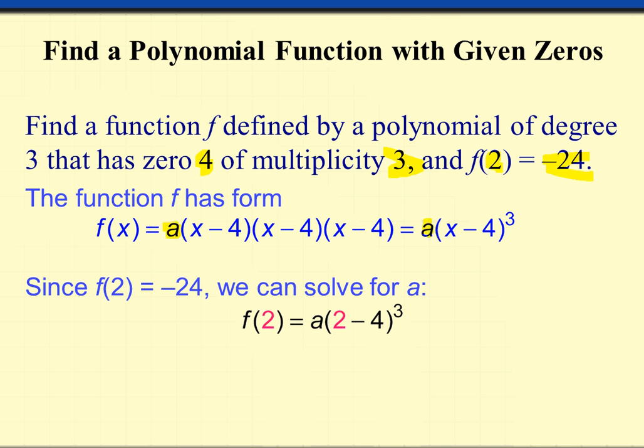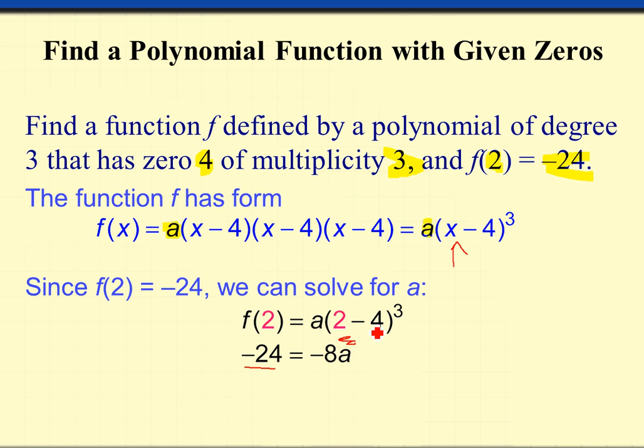We know that f of 2 has to be -24. So if we replace this x with a 2, that's what we've done here, then we know that the y value we're going to get is -24.